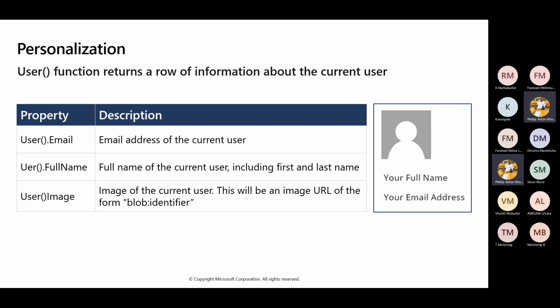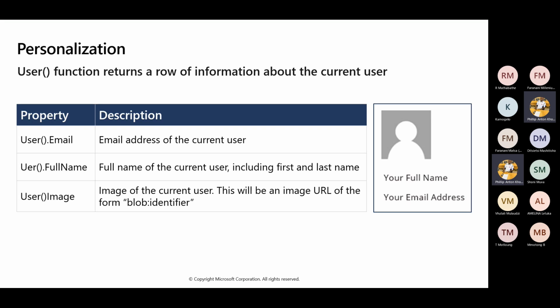And then we have personalization. So in module one, remember I had just a dummy application where you just click attend, and then it will just say welcome whoever to today's training session. You would have noticed that I used a User function, which returns a row of information about the current user.